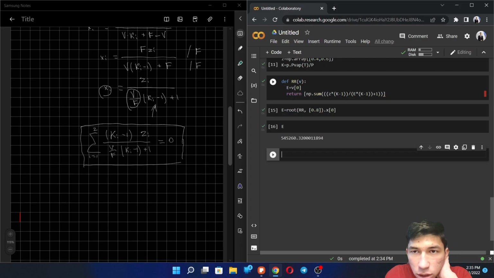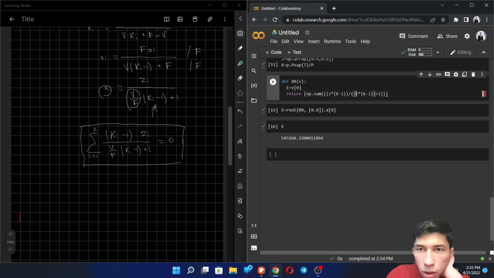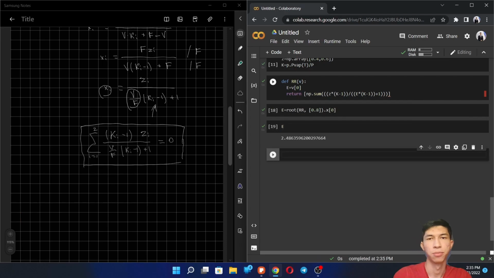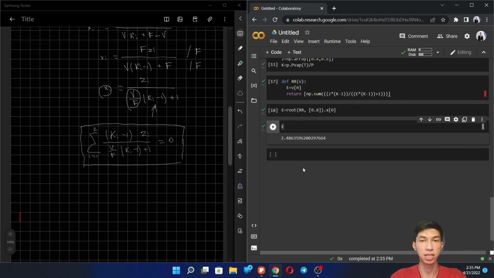Let's check our equations. There was one bracket missing, so I fixed it.